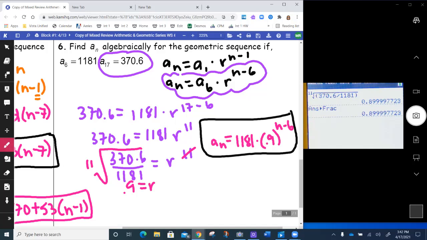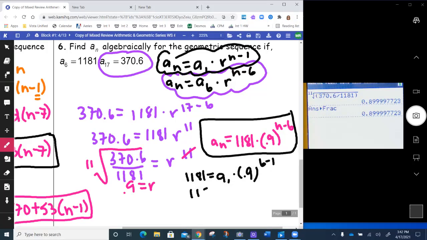Again, if you want to find your a1 and do this equation, which I'm kind of doing right here in black, then I would do 1181 is equal to a1 times my r, which is 0.9, raised to the, sorry, 6 minus 1, because it's my sixth term.